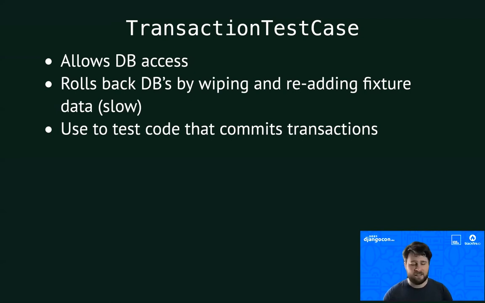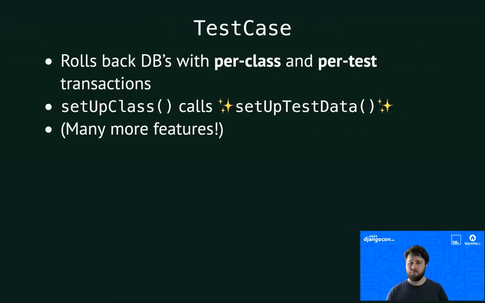Otherwise, you can use the next test case class, called TestCase. What this does is it takes a different strategy for database rollback. That's a lot faster, and that's to set up transactions on a per-class level using setUpClass, and on a per-test level at the same level as setUp. A transaction tells the database to keep track of any changes made.